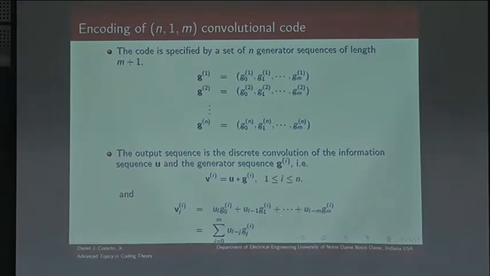Okay, and these generator bits here are the ones associated with the ith generator sequence, which generates the ith output. So this is just a compact way of representing this expression. Again, this is just modulo 2 addition, and the multiplication is just 1 times 1 is 1, and everything else is 0.